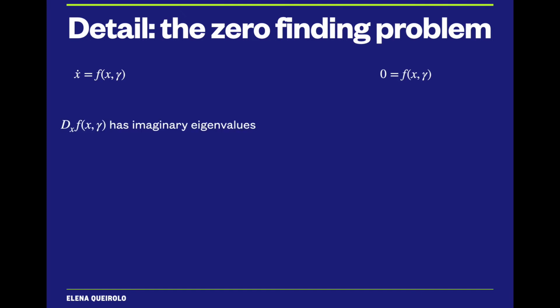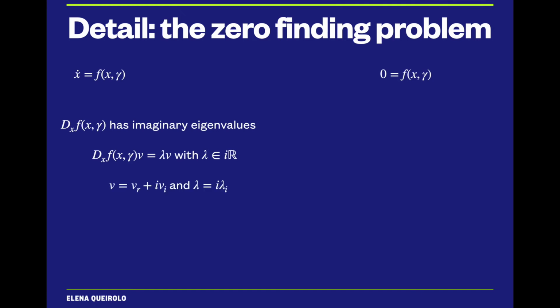And then we want the Jacobian to have imaginary eigenvalues. If we straightforwardly write the eigenvalue problem of f, we'll have the fact that the Jacobian is real while the eigenvector is complex and the eigenvalue is purely imaginary. So we would have some numerical problems in setting up the system very precisely.